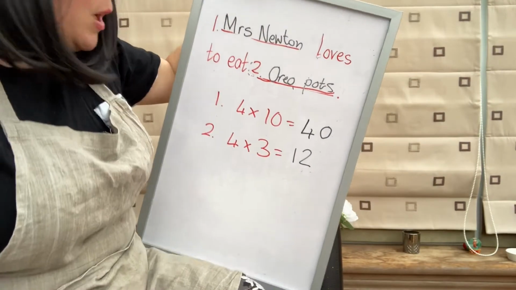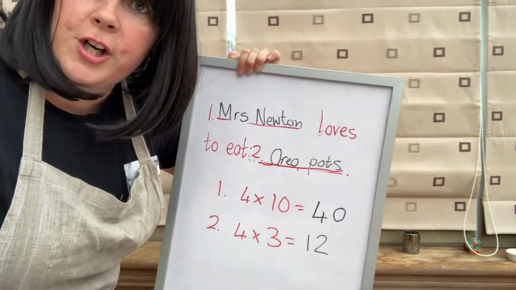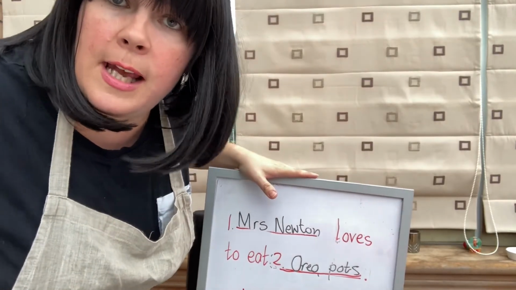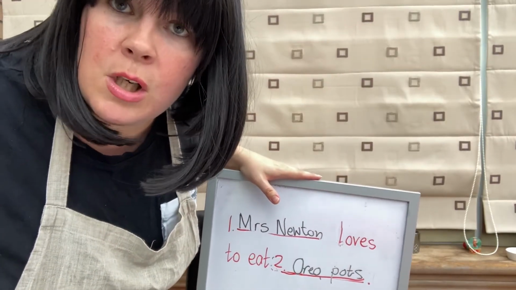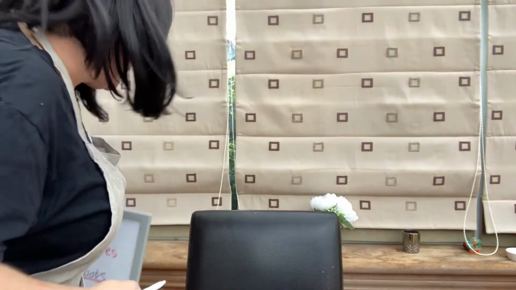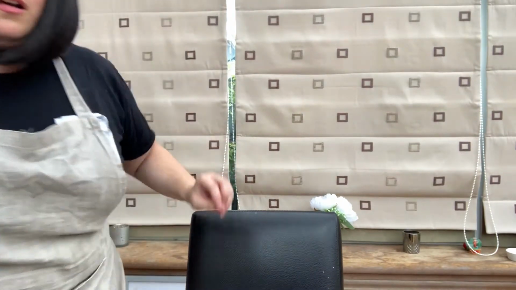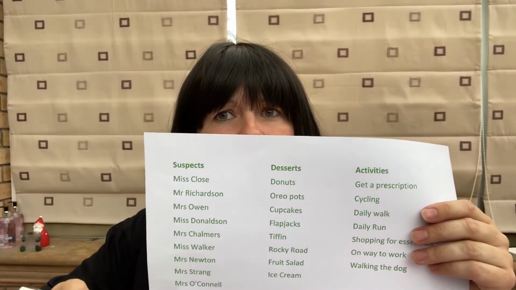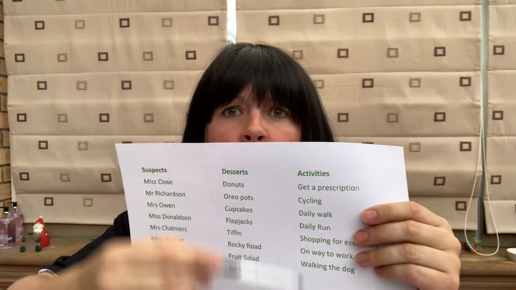But anyway, so that is your clue to your first piece of the puzzle, all right? But you've got a new one, and maybe you might be able to tick off your list. Who do you think? Are you able to tick off any of the suspects, any of the desserts, or any of the activities? Maybe not so early in the game.